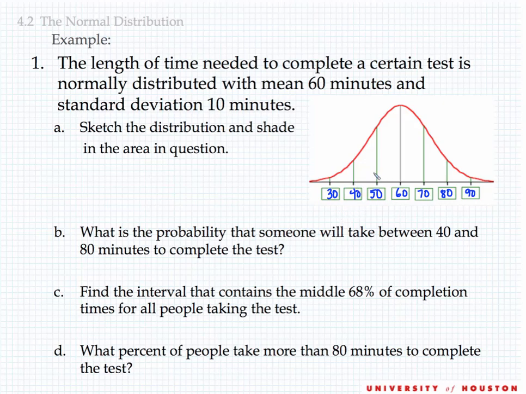Now we can use our empirical rule if we have values that fall within 1, 2, or 3 standard deviations from the mean. What is the probability that someone will take between 40 and 80 minutes to complete the test? Well, we're within 2 standard deviations of the mean.